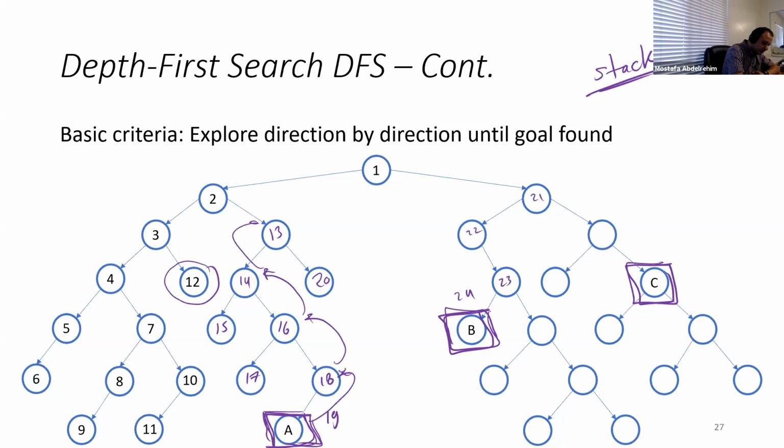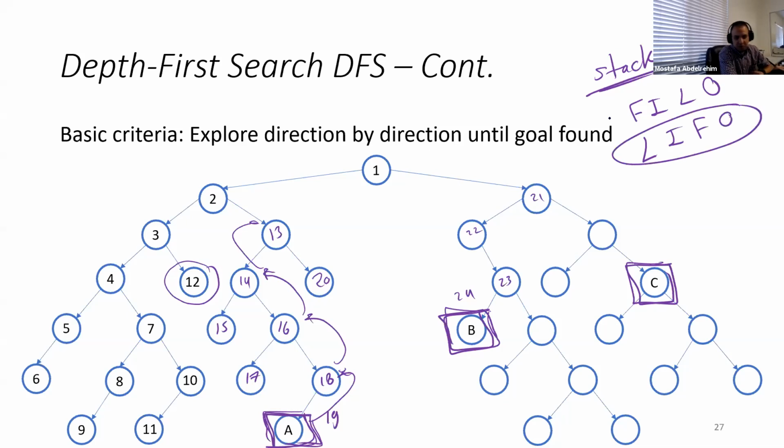Not a FIFO. We need first in, last out, or LIFO, last in, first out. All are the same, all are stacks. So this is what we basically need for depth first search.